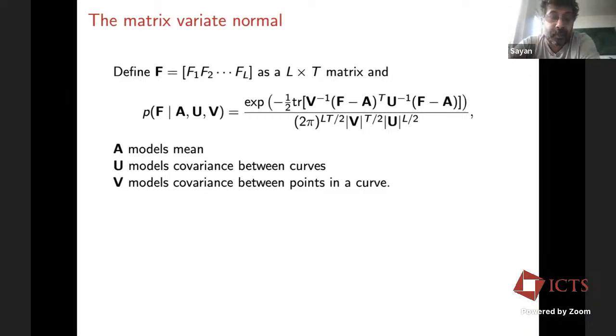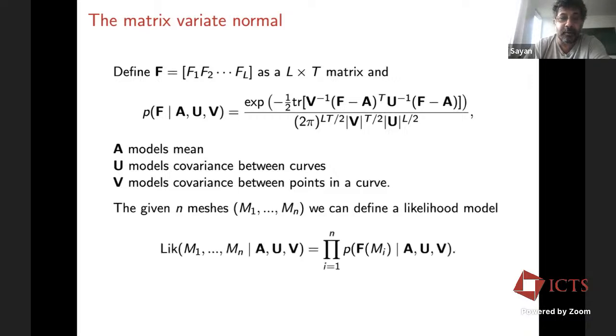It has a parameter A that models the mean, a parameter U that models the covariance, and a parameter V that models the covariance between points in a curve. And so you can actually start writing down likelihood models for these shapes.